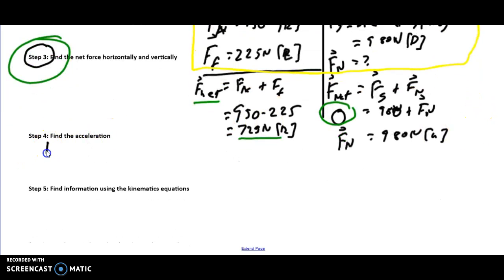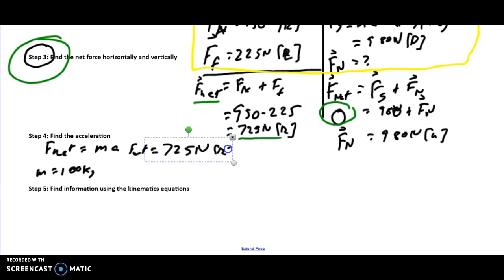Now, we know according to Newton's second law that F net is always equal to mass times acceleration. We know the cyclist has a mass of 100 kilograms. We don't know the acceleration, but we just figured out the net force is equal to 725 newtons to the right.